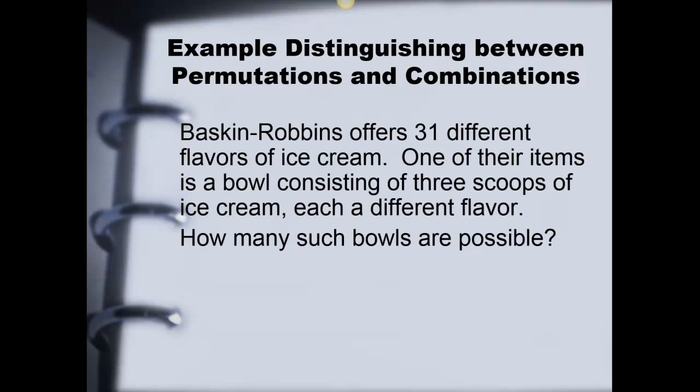Baskin-Robbins offers 31 different flavors of ice cream. One of their items is a bowl consisting of 3 scoops of ice cream, each a different flavor. How many such bowls are possible? So is this a combinations question or a permutations question? The items are selected from the same group, and the order of the items makes no difference.